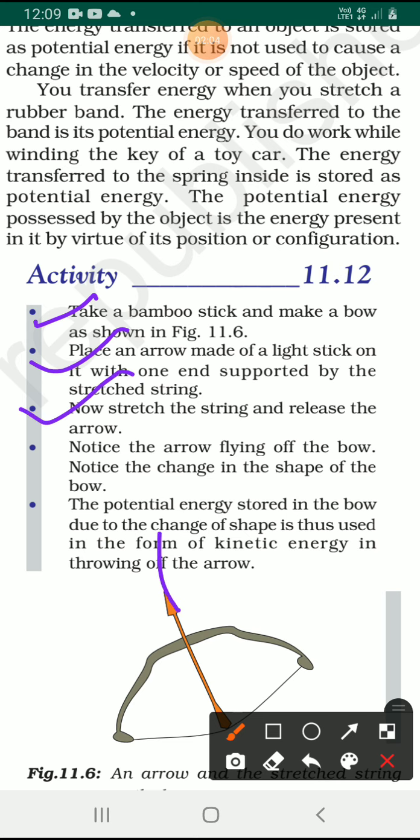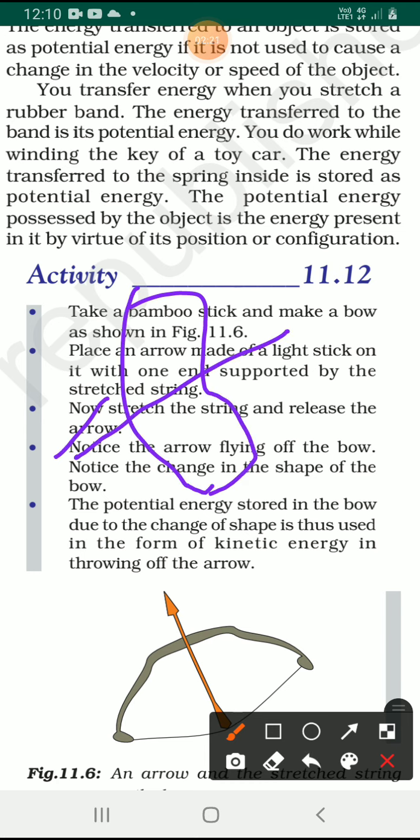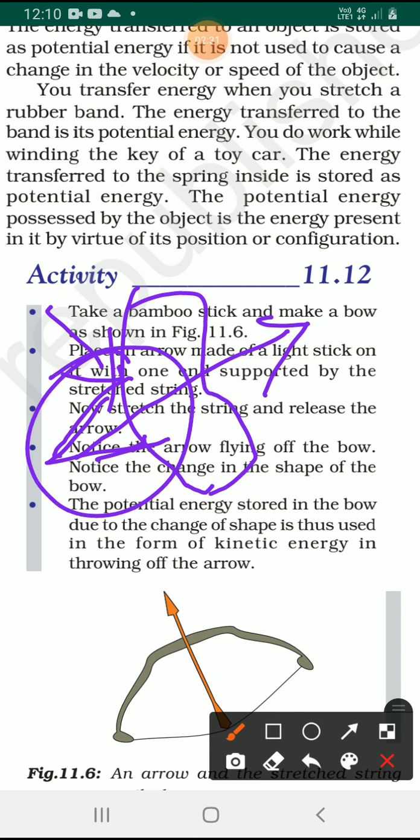So when you release the arrow, you know that the arrow moves, right? In which direction? In the straight direction, correct? We know that. So when we stretch it, for example, this is the bow, and when we stretch the arrow, we need to apply energy to it, and it then holds energy which is called stored energy, which is not moving energy, which is stagnant energy.